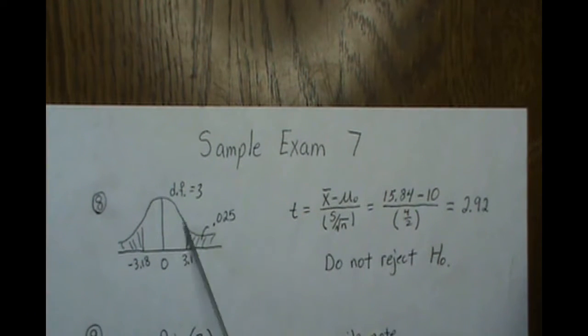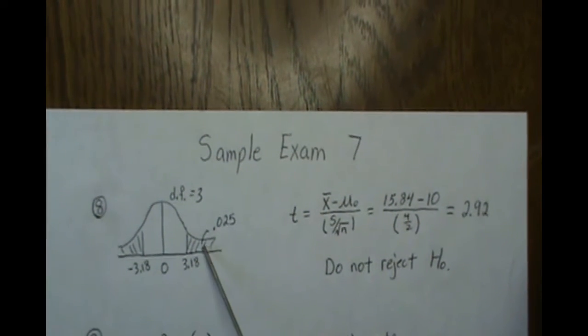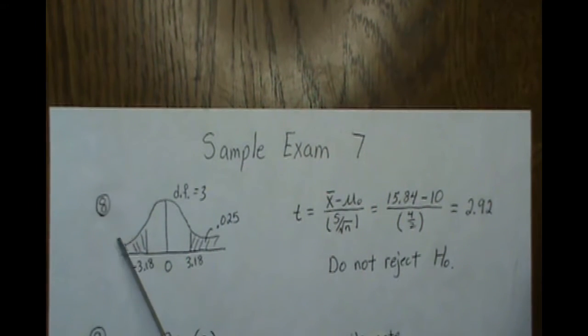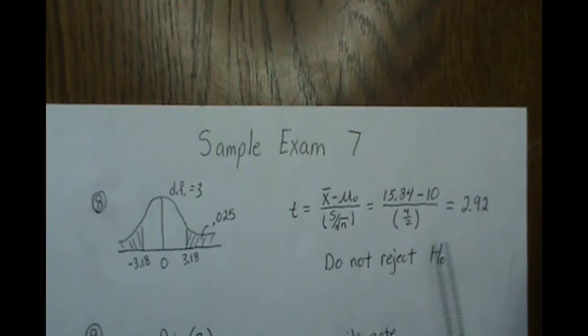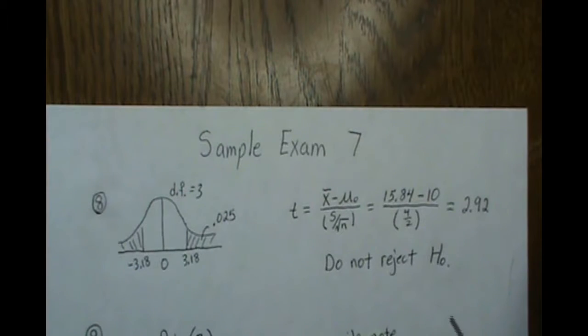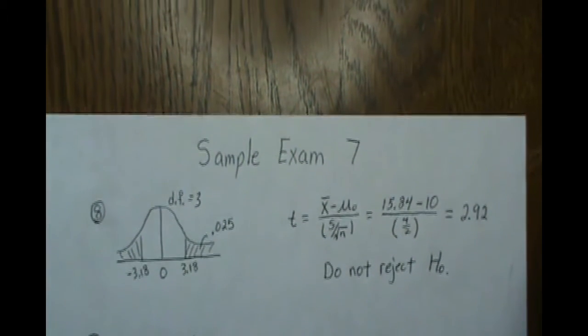And then when we look this up in a t-table, and it is a two-sided test, so this area is 0.025 and this is 0.025, 3 degrees of freedom, we get 3.19. So this value is in the do not reject region. It means we don't have enough evidence to reject the null hypothesis. Okay.